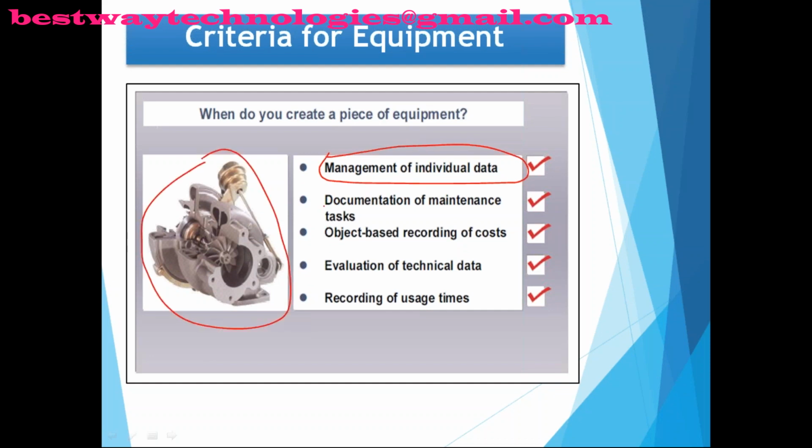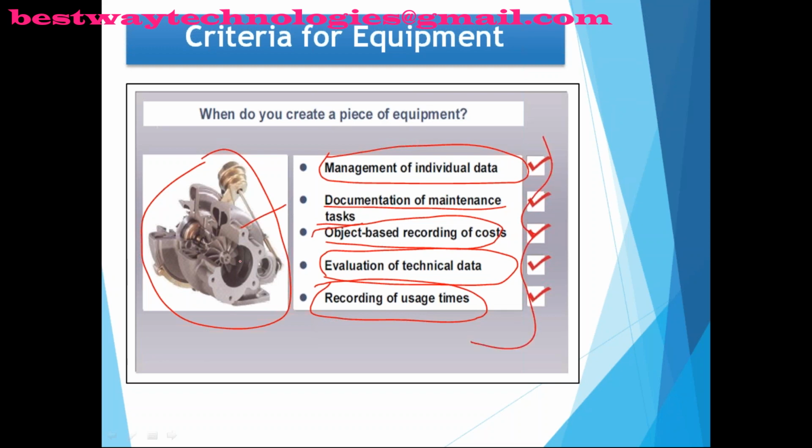You want to document all the maintenance tasks for that particular object, record the cost related to that object, and evaluate the technical data of that object. I also want to record the usage time of that particular object. If you want to do all these things, you go for creation of individual equipment.